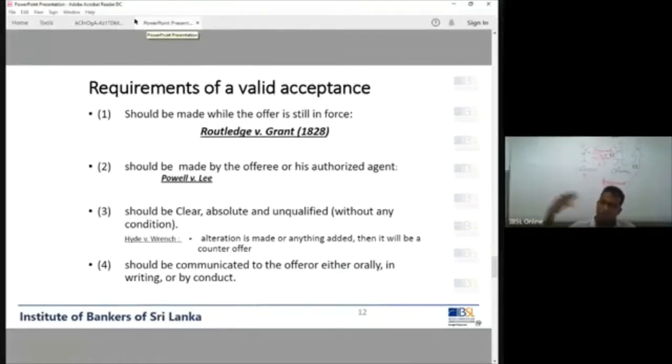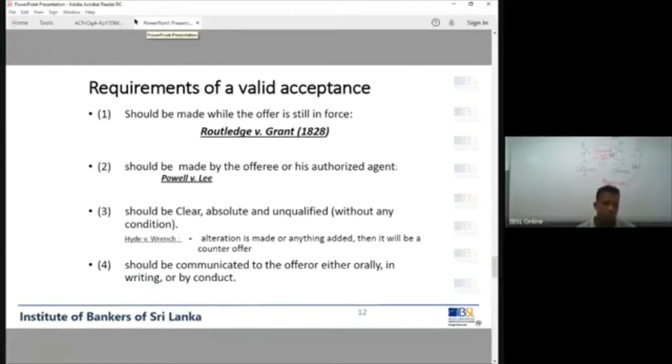I am the principal, he is the agent, so I have appointed him as an agent. I can appoint him by a document, or there are other ways that I can appoint an agent, which we are going to study later under agency law. So for the time being, remember, that's a good question, whether the offeree has to communicate that he has appointed an agent. It is important that it has to be communicated to the offeror by the offeree.